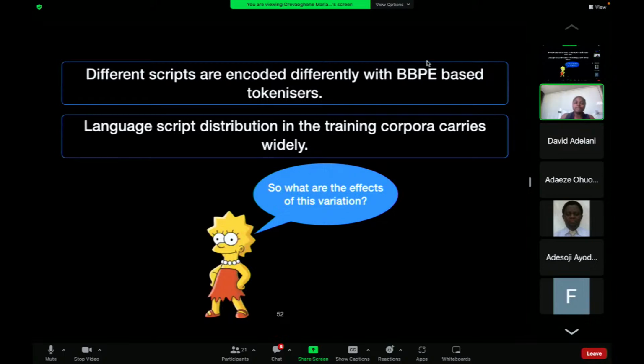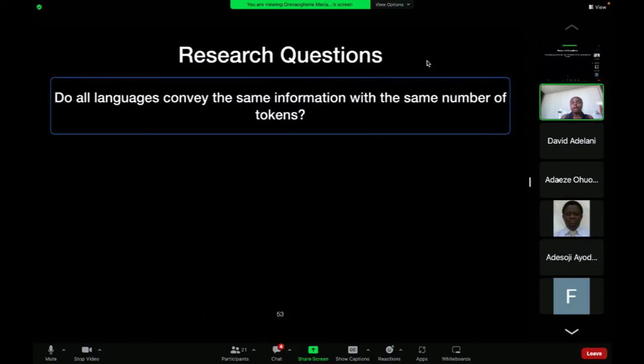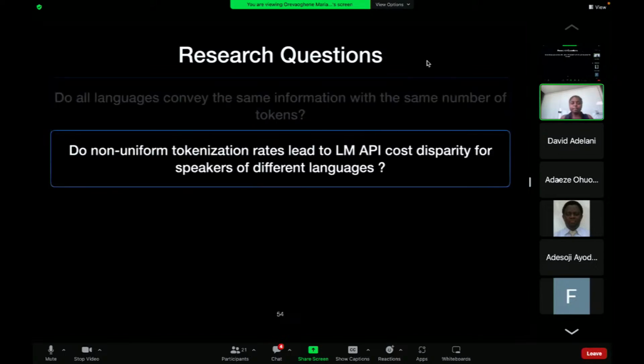What are the effects of this variation? What does it mean for model performance, model utility, and all of this? So we did a study where we tried to answer certain research questions. First of all, we wanted to see if all languages convey the same information with the same number of tokens, with some of these tokenizers.